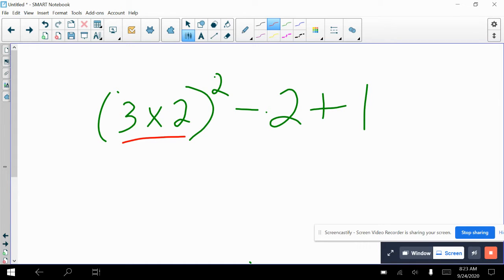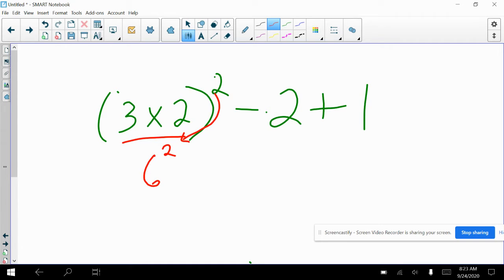Yes, we do the parentheses. Now, we talked yesterday, when we solve inside the parentheses, what happens to them? Okay, the parentheses go away, but look what we have to carry down. We have to carry that 2 down. That didn't go away because that's on the outside of it.